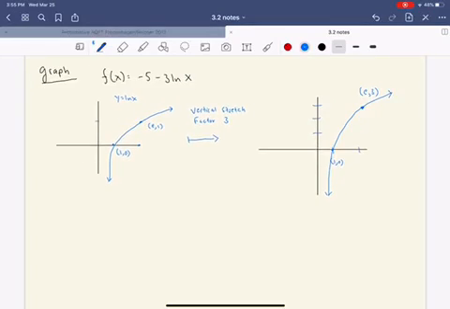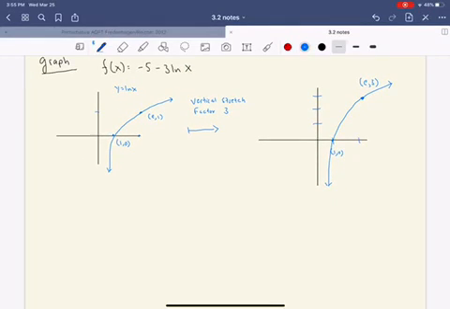Let's keep going. Now, the next thing we're going to look at, so we start out with natural log of x, stretch by a factor of 3. That negative, that's a vertical flip. Okay, so let's graph that one.